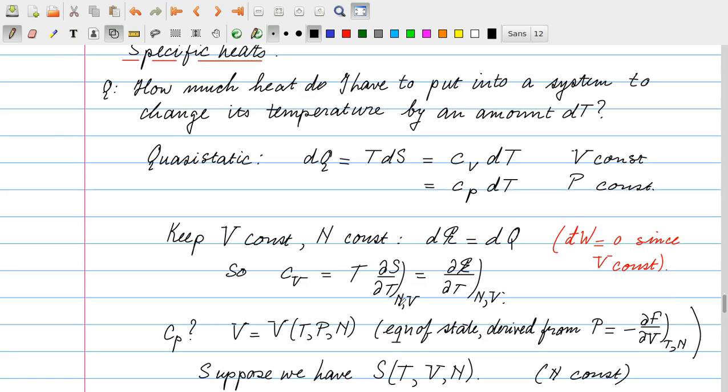We keep the number of particles and the volume constant, and because the volume is constant, the system cannot do any work, and so the only way in which we can change the energy is by putting heat into the system. And so the TdS is in this case the same as dE, and therefore we can write the CV as dE/dT at constant N and V.